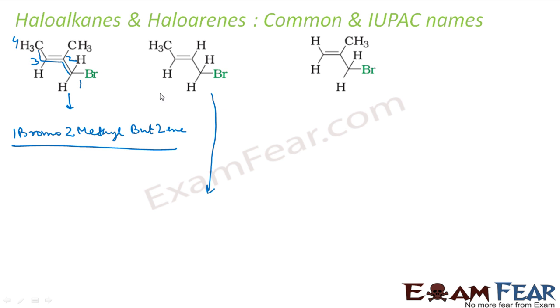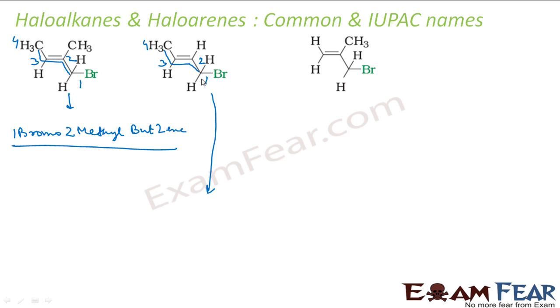Let's take this one. Here also let's number. So I have 2 possibilities. The longest chain is this one. Same thing here: if I number in this fashion 1, 2, 3, 4, the double bond gets the second position. If I number in the other fashion 1, 2, 3, 4, the double bond gets the second position. In both cases the double bond is getting the second position, but if I number in this fashion 1, 2, 3, 4, my bromine gets the first position, that is good.